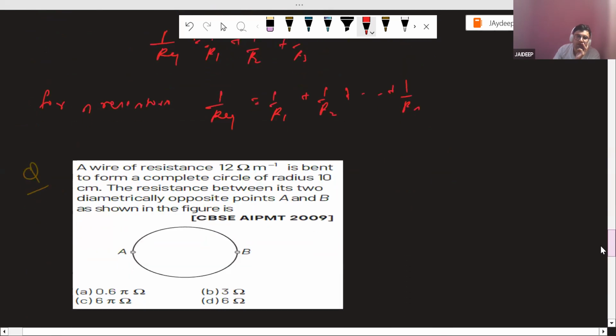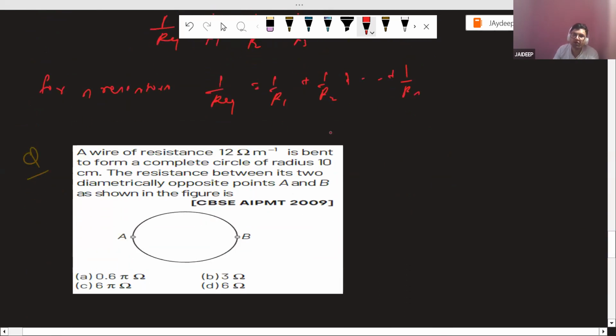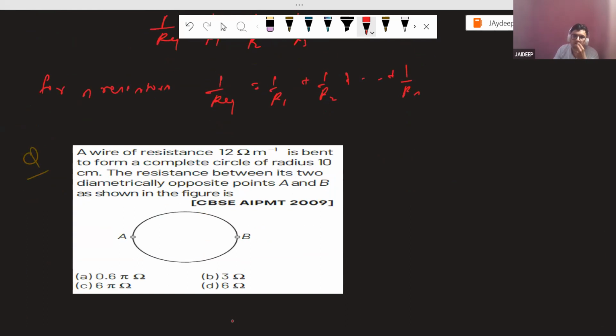Now, Farhat, what is the formula to calculate the resistance? What is the formula for drift velocity, Farhat? Yes, sir. Electron charge into electric field into the relaxation time by m. Maimuna, what is the formula to calculate the temperature coefficient alpha?